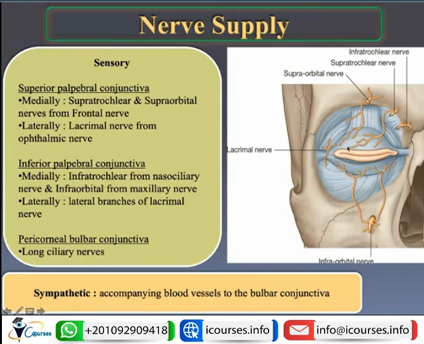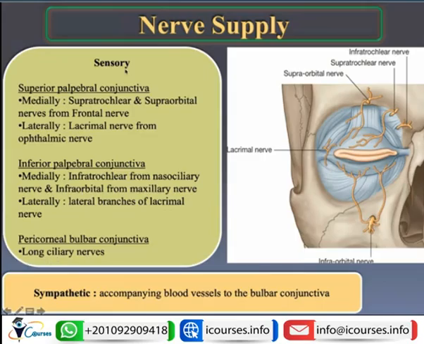The lateral part of the superior and inferior palpebral conjunctiva is supplied by the lacrimal nerve. This is for the palpebral conjunctiva. On the other hand, the pericorneal bulbar conjunctiva is supplied by the same nerve that supplies the cornea, which are the long ciliary nerves.